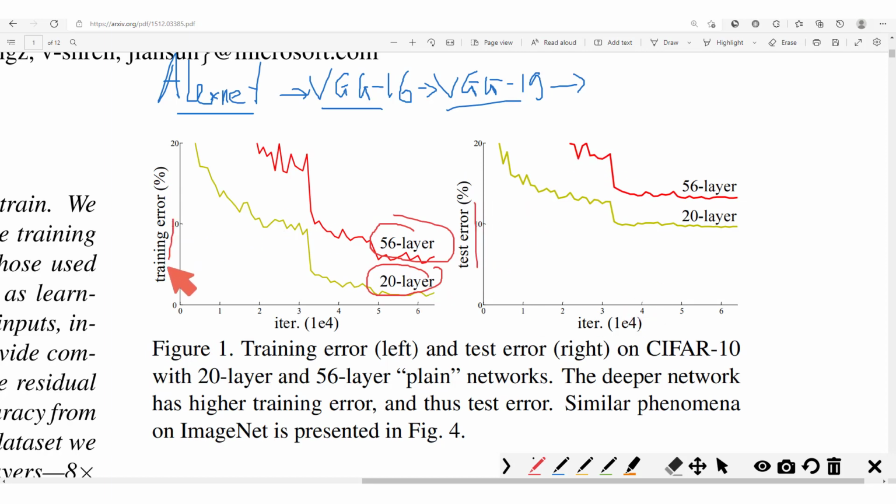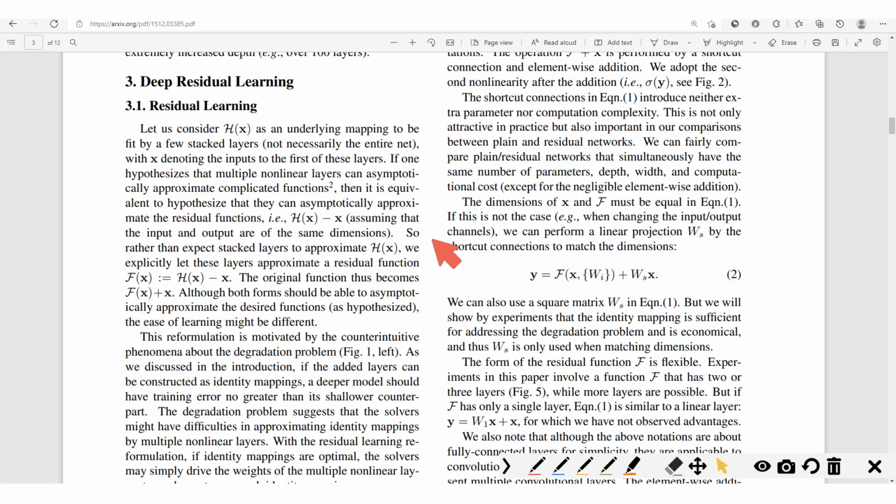So here there's a test and here's a training. For the test too, we have the 20 layer network performing better than the 56 layer. So it's clear that just blindly stacking up conv layers wouldn't help in dropping the training and test errors, even though they are more expensive.